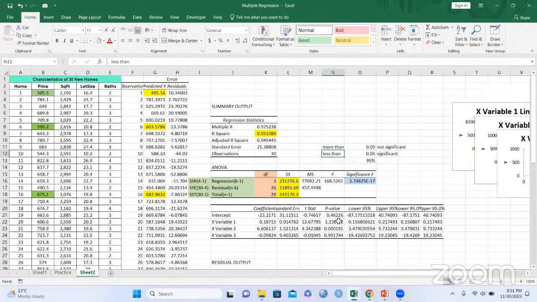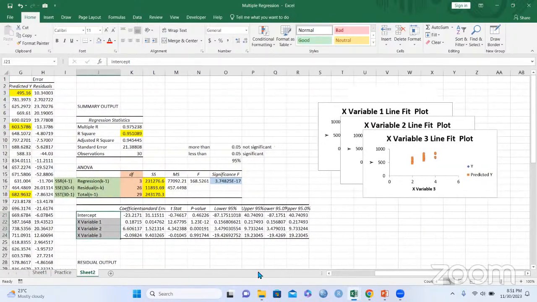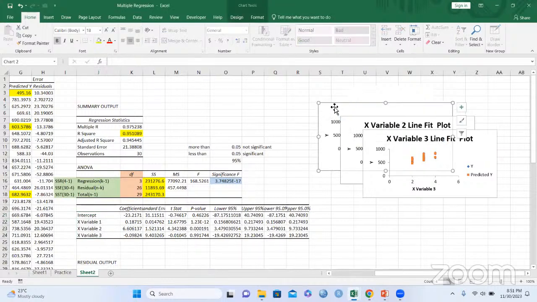Fine. And you can see down we have got certain four values: variable x1, variable x2, variable x3, and intercept. As we started the concept, for linear regression y is equal to mx plus c.